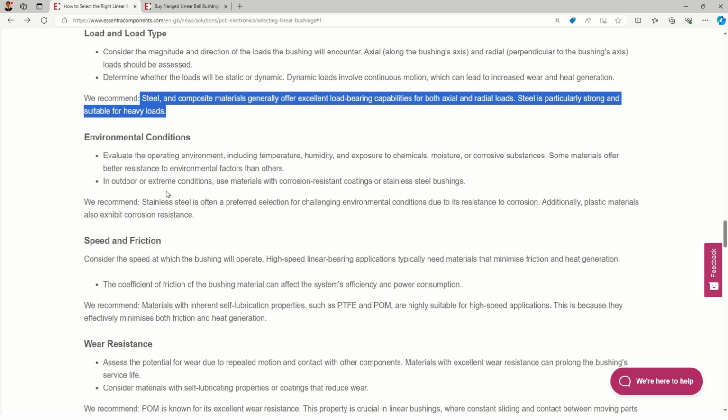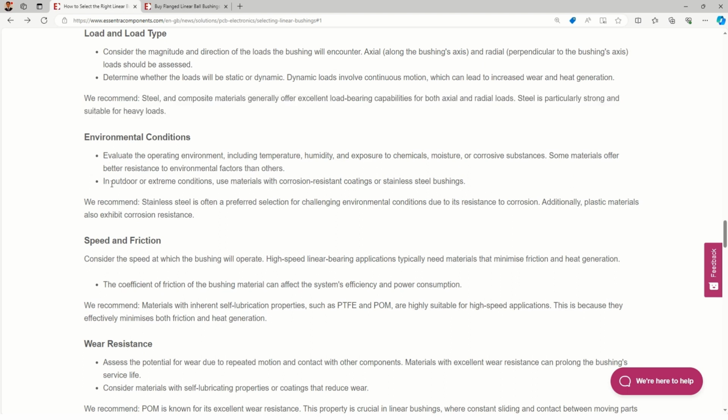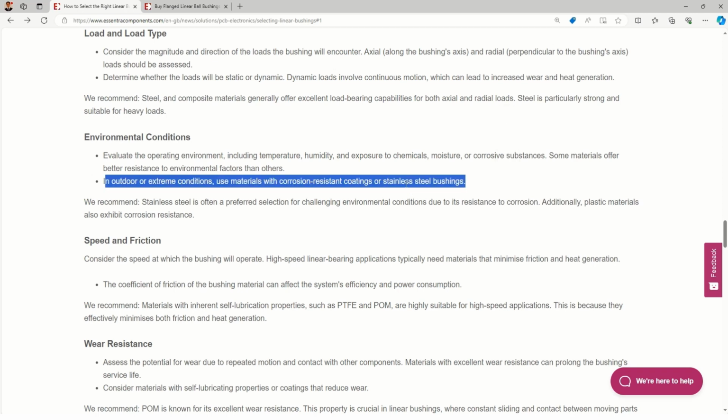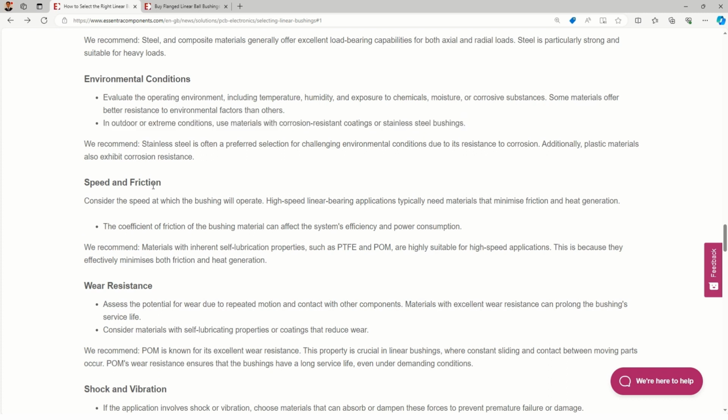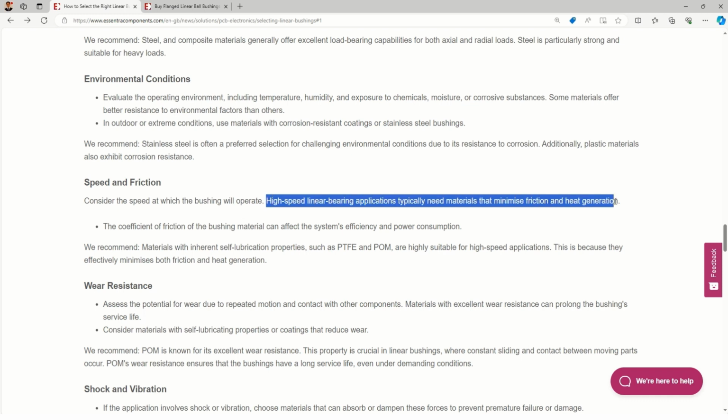Now environmental conditions: according to the temperature and humidity, we should select. If we want corrosion resistance, we should go with stainless steel. Stainless steel is preferred. Then speed and friction. If the speed is very high, we require a material with minimum friction and heat generation, because at high speed high heat is generated and there are chances of power loss.